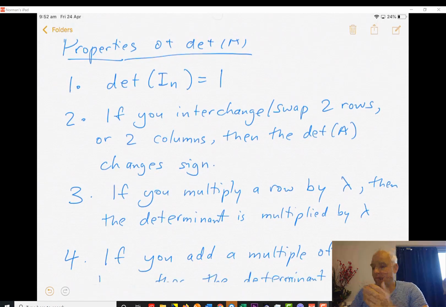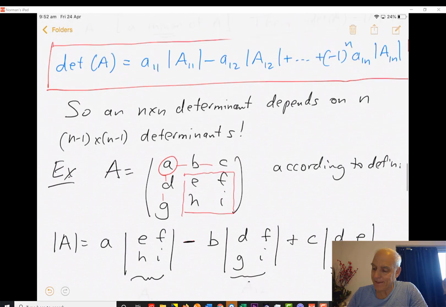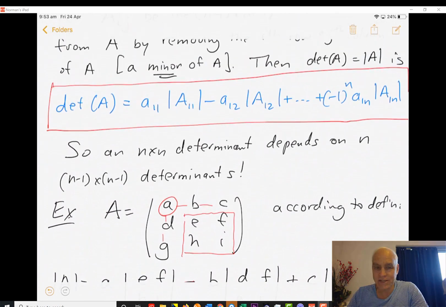Well, the thing is, our definition is complicated. It's not so easy to prove all of these things in general, but we can prove them or demonstrate them for the 2x2 case and the 3x3 case. And for most applications, having to do with ordinary geometry and in three-dimensional space, 2x2 and 3x3 determinants are what you meet a lot of the time.